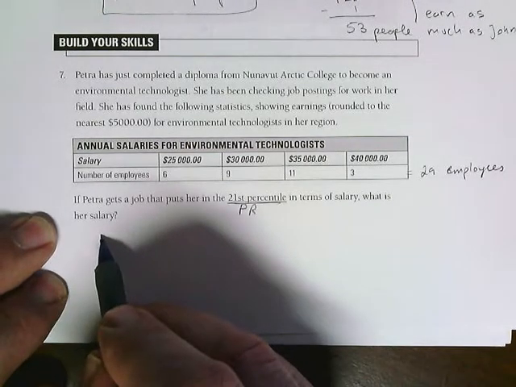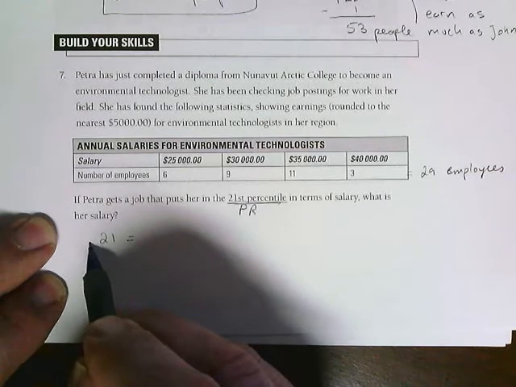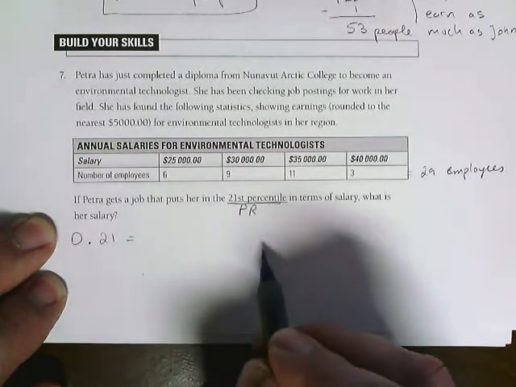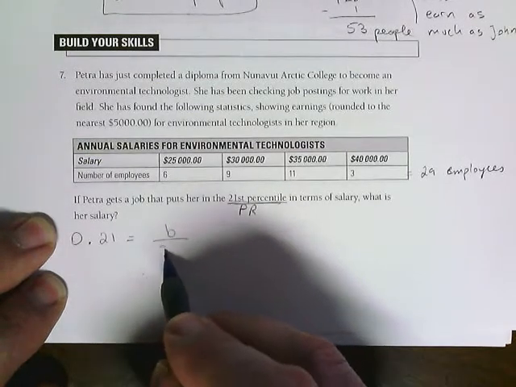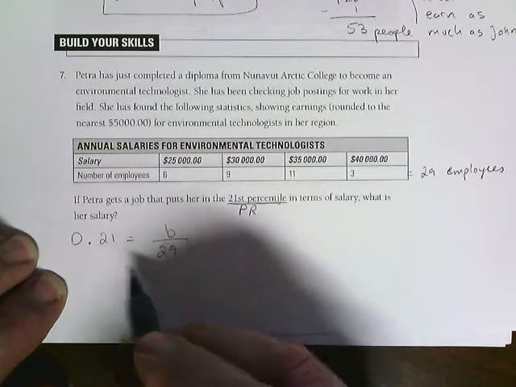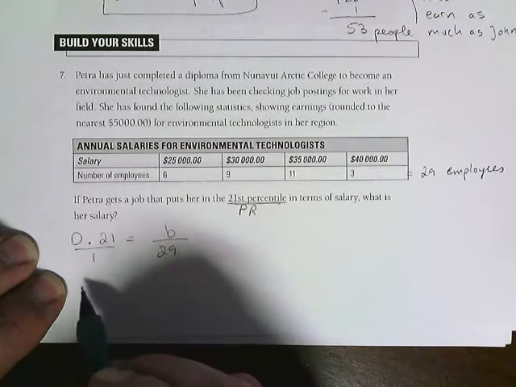So because they're giving me that, I'm going to say, hey, 21st percentile, how about we write it as 0.21, because we're going to have to divide it anyways because there's a times 100 in the formula. B over 29, and I don't have to go times 100 because I wrote it as a decimal already. So you just put the 1 here and you realize that you have to multiply.